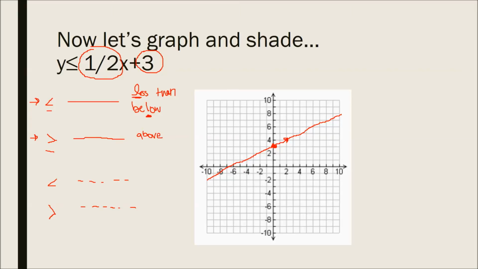So a less than sign would be below, and a greater than sign would be above. So this is a less than or equal to. That told us a solid line, and that means we're going to shade below it.